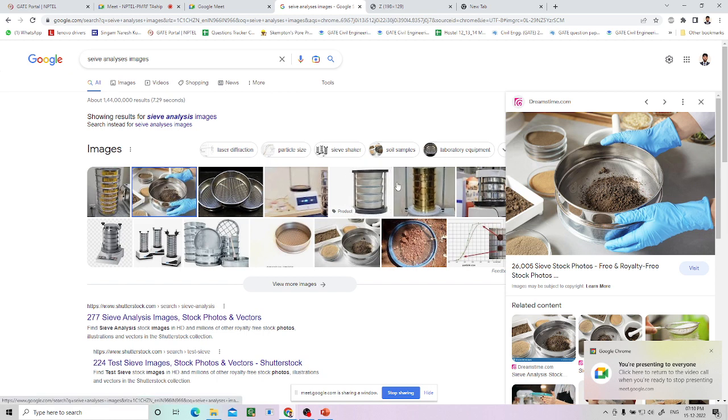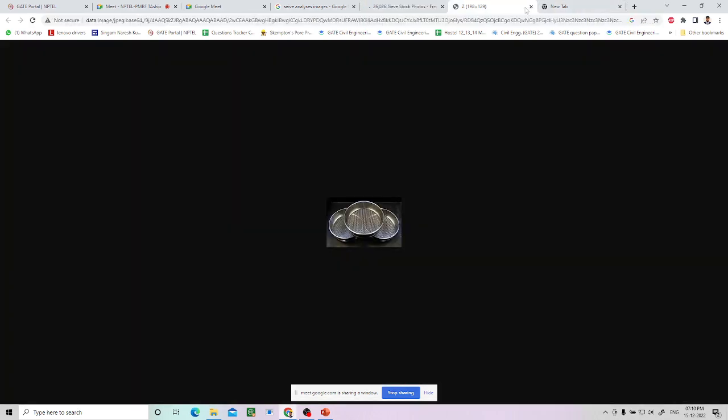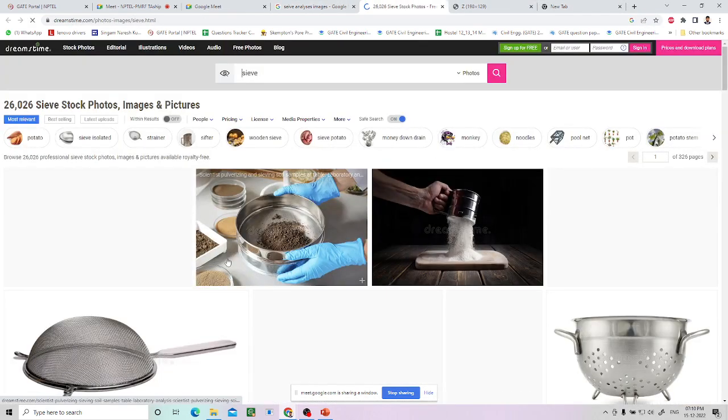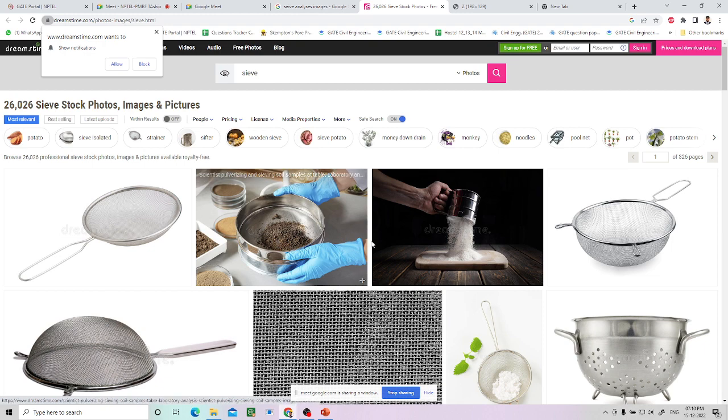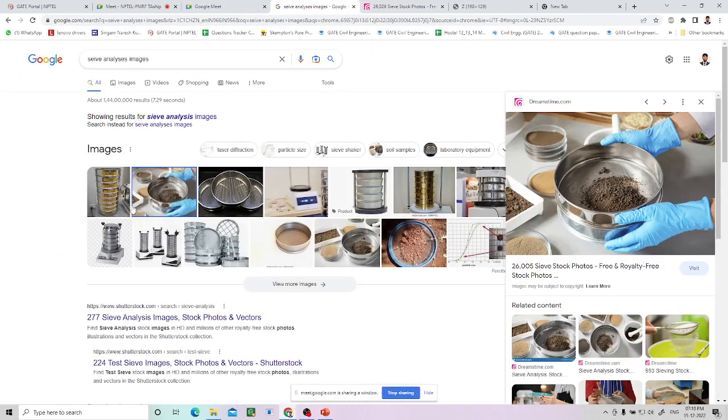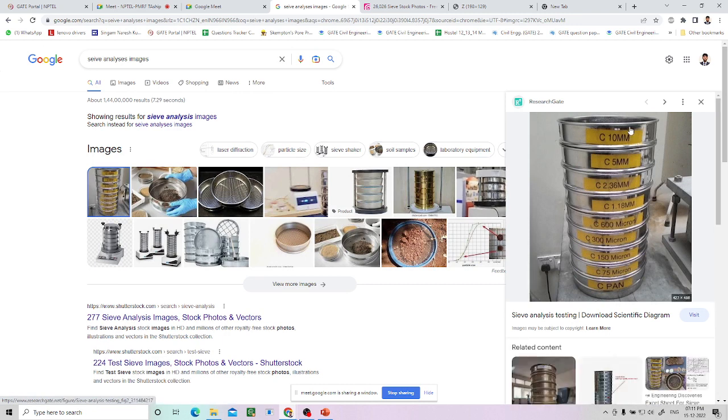So this is sieve analysis. In our homes also we generally have these sieves, right? What do you do? You take the soil and keep it on the top sieve. Every sieve size is different.